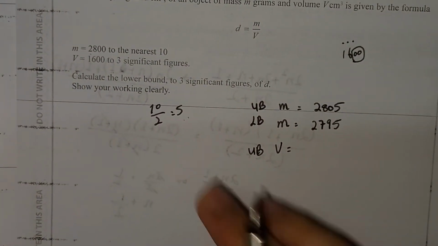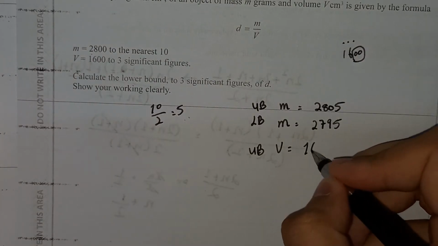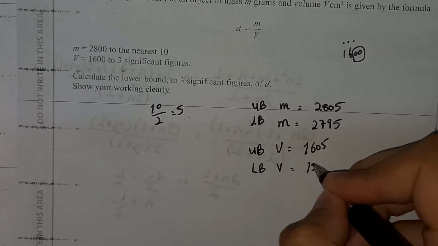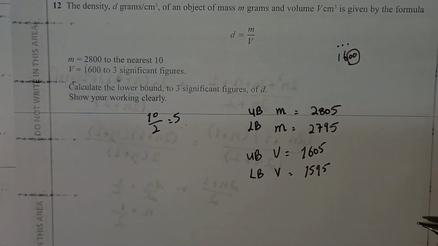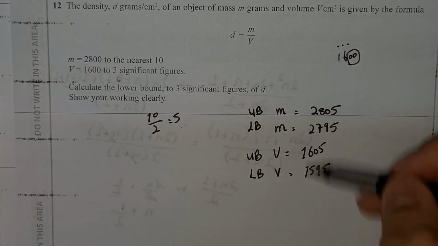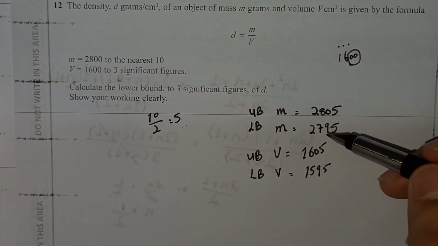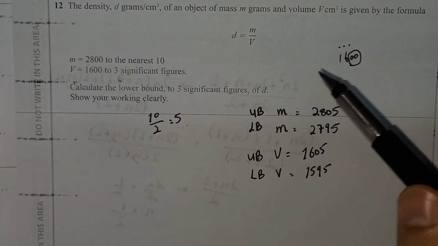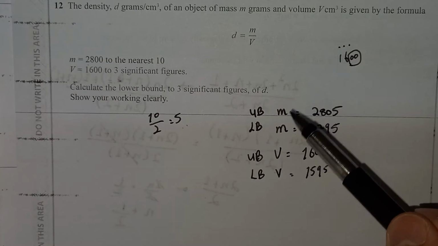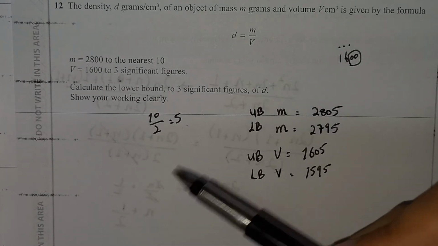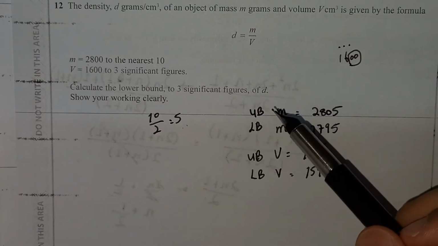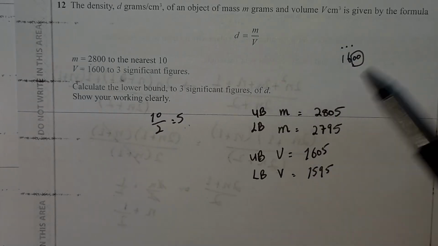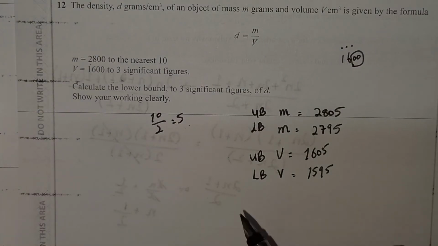To find the upper bound you have to add 5, and to find the lower bound you need to subtract 5. Now using these values, you have to find the lowest possible value for density. So how can you do that? If the numerator is lower and the denominator is higher, you get a lower value.